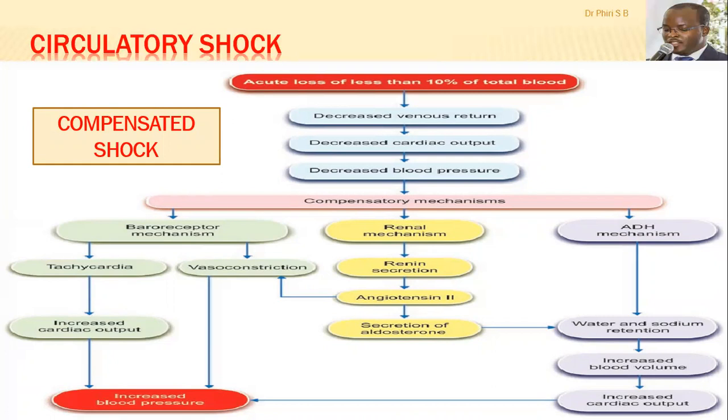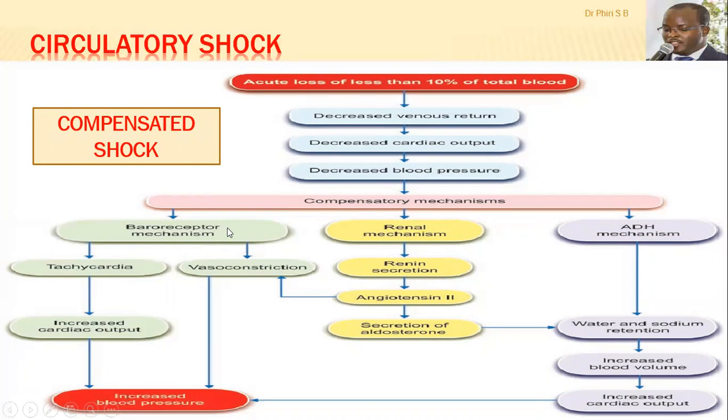At the same time, there's also inhibition of the vagus nerve, so it's not producing acetylcholine, but the sympathetics are producing more norepinephrine that is stimulating the SA node, and also the AV node. So the firing of action potentials is increasing, then the heart rate is going to increase. So it will bring about tachycardia. This tachycardia will increase the cardiac output, then it will increase the blood pressure. Once you have an increase in cardiac output, blood pressure is going to increase.